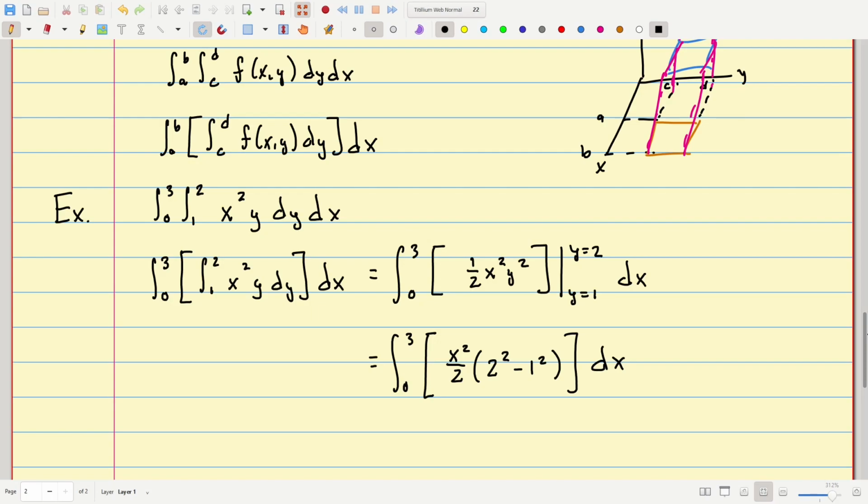Everything that's not y is a constant, so I just moved it out front. And then it's the first value plugged in minus the second value plugged in.